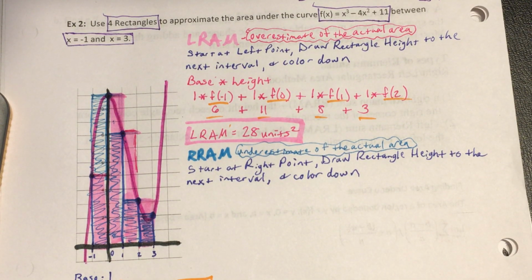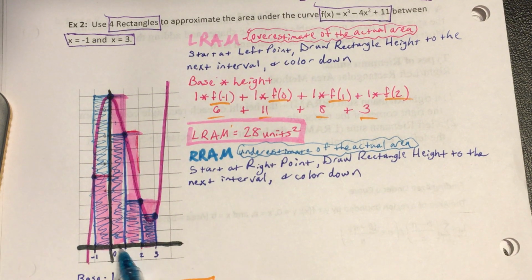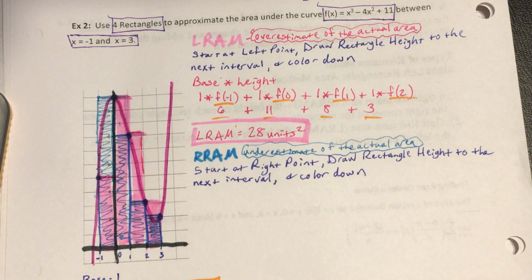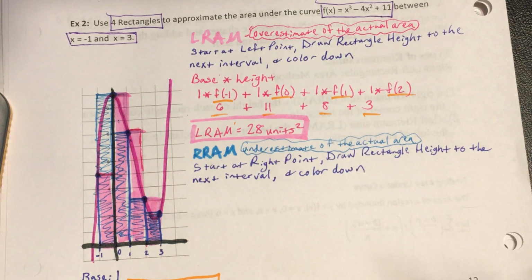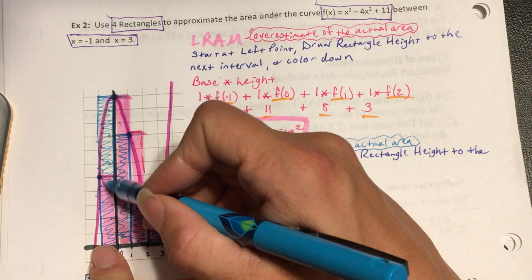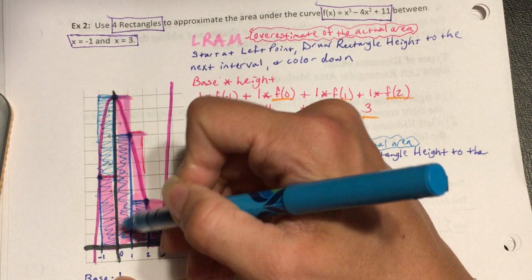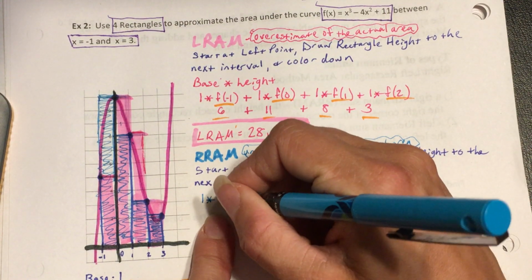All right, folks, so now we are going to take the base of each of those rectangles, which each of those bases is 1, they will always be the same, times each of the heights. So our base is 1. The height of this first rectangle comes from this point, which would be f of 0.